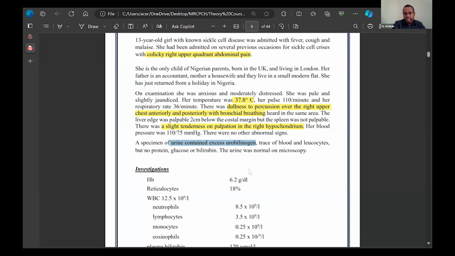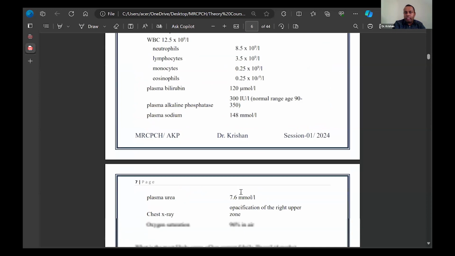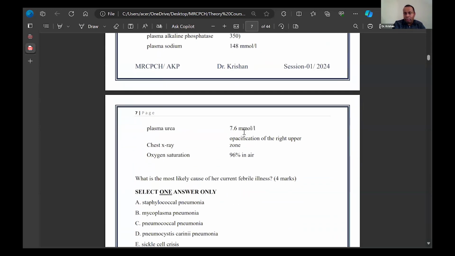No glucose, nothing. Okay, so investigations: hemoglobin 6.2, which is really low. So this child is obviously anemic. WBC count is slightly high. Plasma bilirubin, I would say, is slightly high. And then sodium is normal. Urea is 7.6, fine.